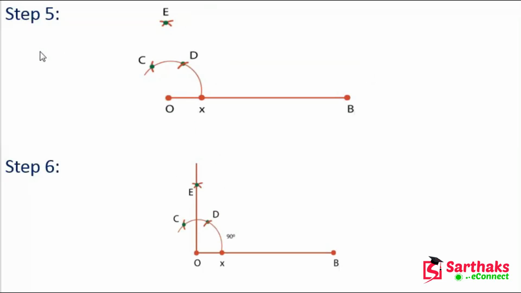Now step number 5, we take C and D as the centers with the same radius, and draw two arcs that cut each other at point E. Now in step 6 we join point E to O. So this is our 90 degree angle.